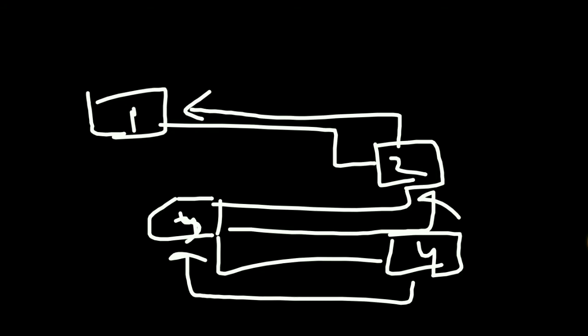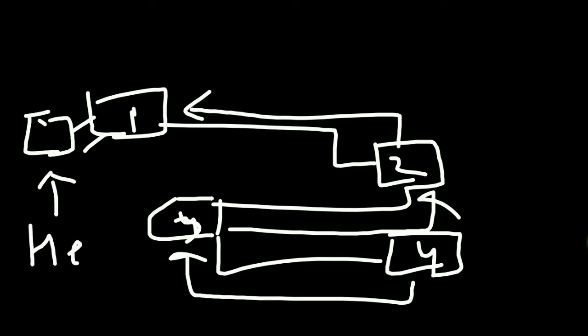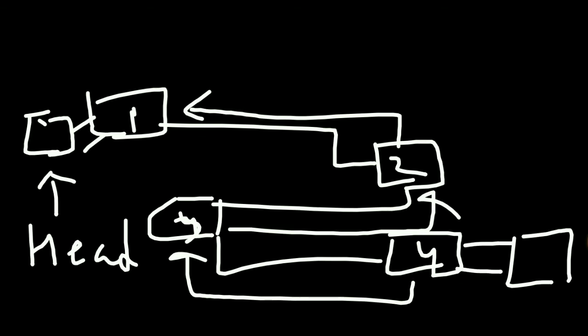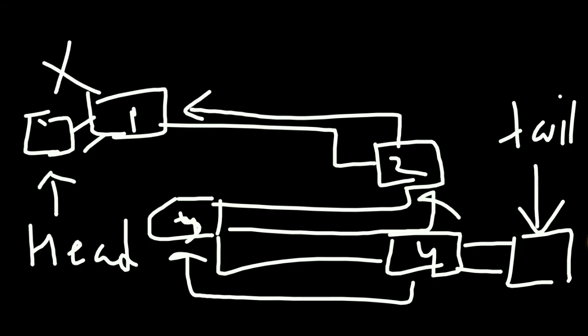You make a new node, connect it to the existing node, insert the data in the new node and point the head pointer to this new node. Similarly, if you want to insert data at the end of the linked list, you make a new node and connect it to this node, put the data in this node and point the tail pointer to this node. Similarly, you can remove the element from head and tail.